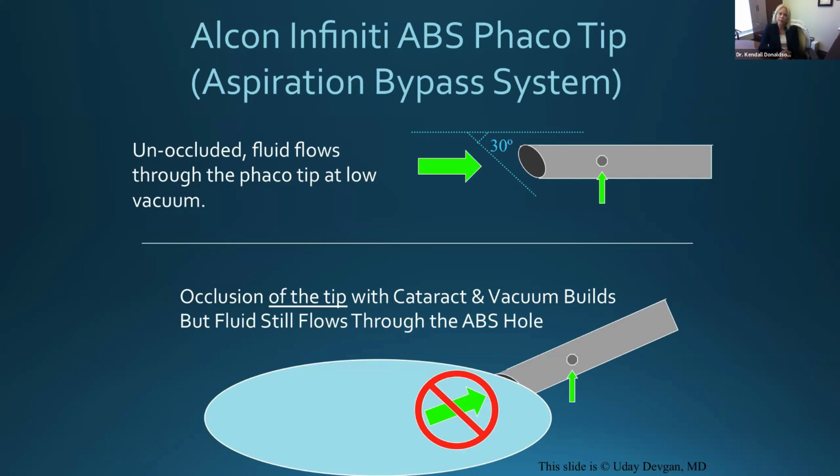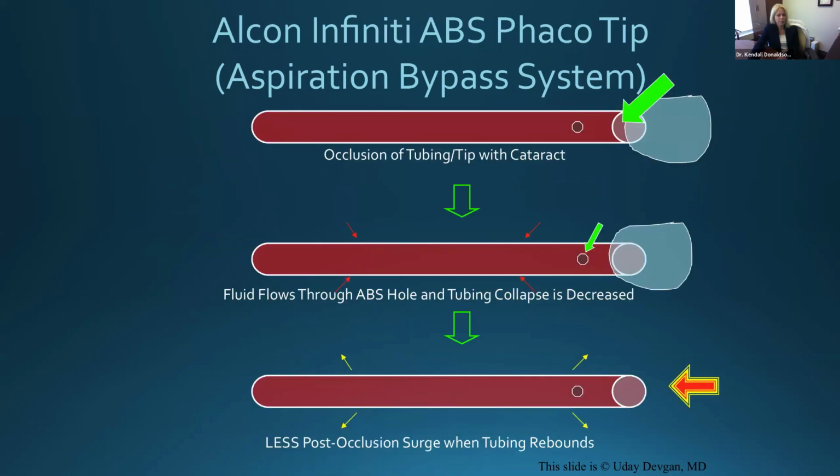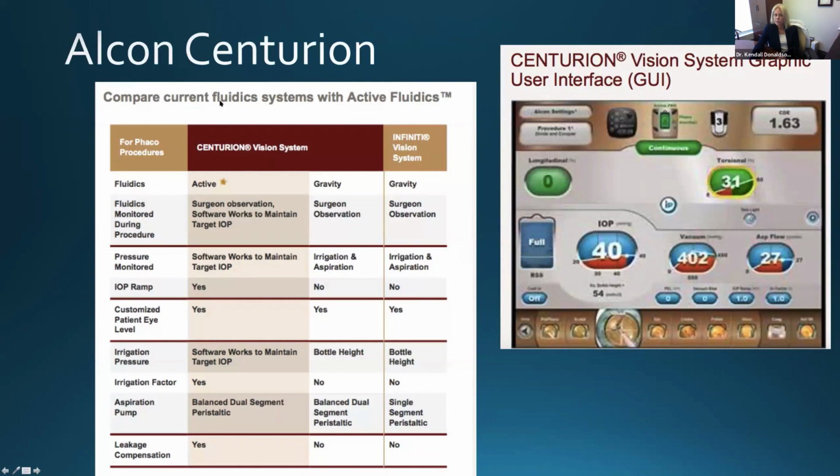Again, we talked about peristaltic systems. It's really important to have a completely occluded phaco tip, that's entirely dependent on the occlusion of the phaco tip. And here, that helps eliminate the post-occlusion surge also. Alcon's done great things with their tubing. And this is the difference with the Centurion. No longer is there a bag. We actually set the pressure, the IOP, at a certain level, so we don't have to raise or lower the bag.